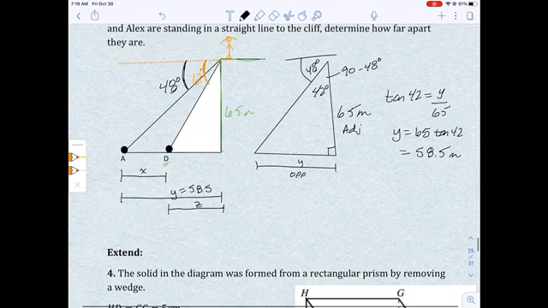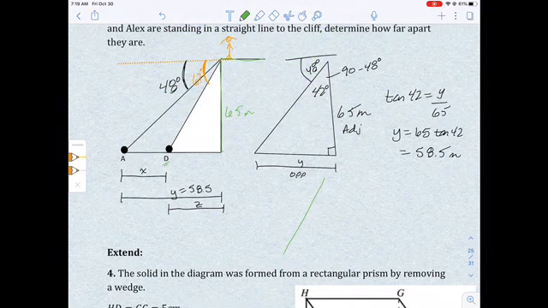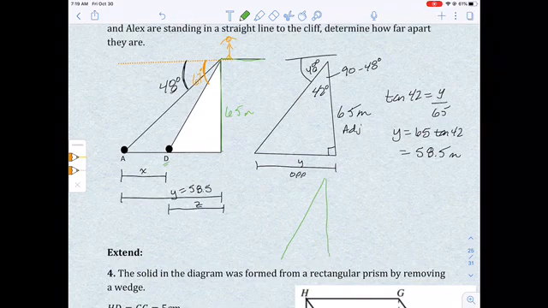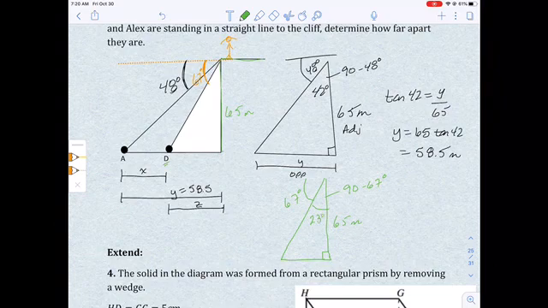And let's look at our smaller triangle there, the one that's in the white. And again, this is 65. This outside angle was 67. So this inside one, 90 minus 67, will be 23 degrees.